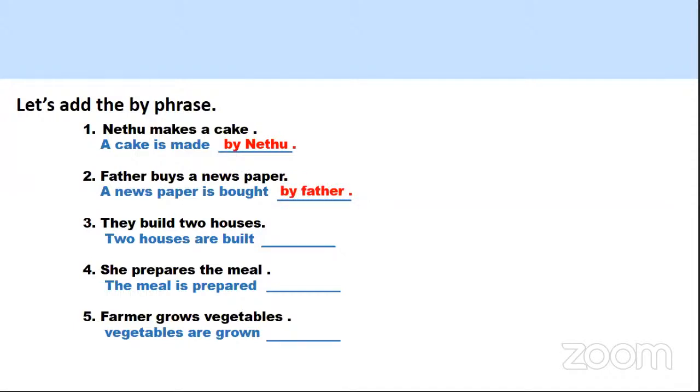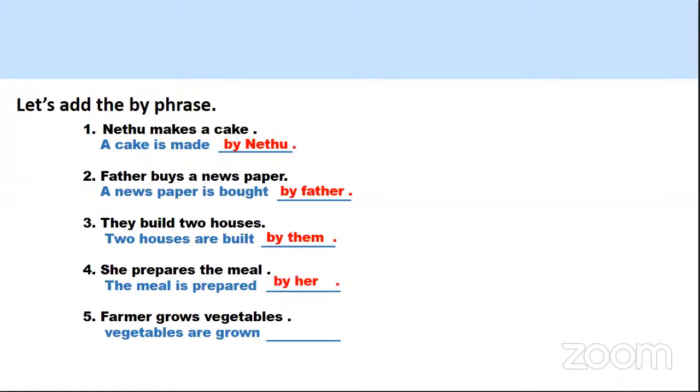In the third sentence, what is the subject? They. Then you are going to add it in a by phrase. How do you add? By them. Now you know the subject pronoun becomes the object pronoun. Next one.